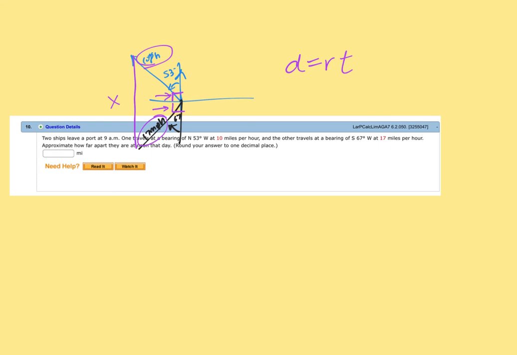Read the word problem again. 9 a.m. till noon. How long have they traveled? 3 hours. So you have to multiply the speed, and it's going to change depending on your question. Multiply the speed times 3 hours in order to get the side lengths, because that would be your distance, okay?